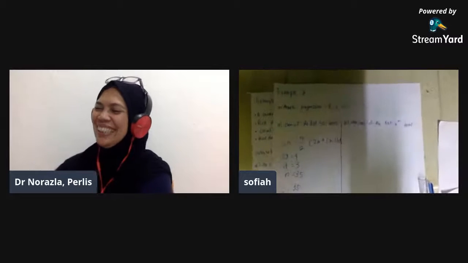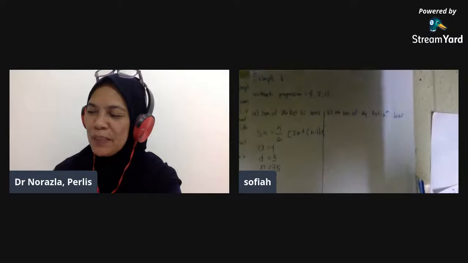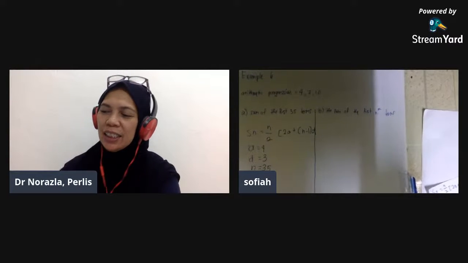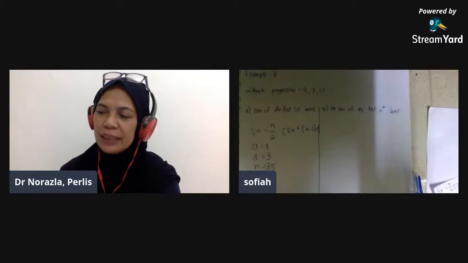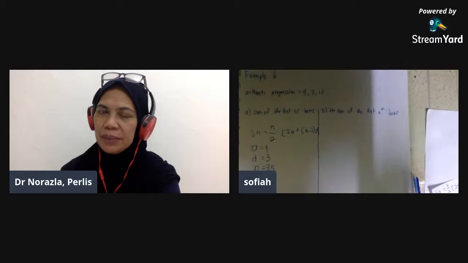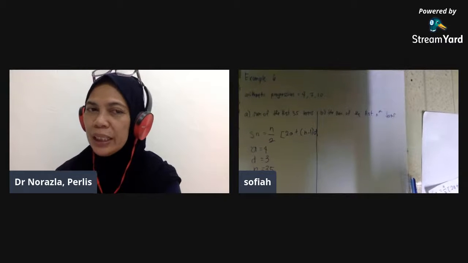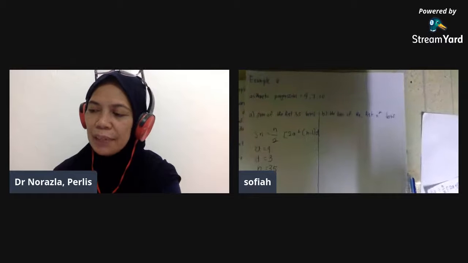Okay, macam ni, explain. Lepas baca soalan, for the first question, we need to find the sum of the first 35 terms. So you need to understand what we should write for the words, the sum of the first 35 terms.